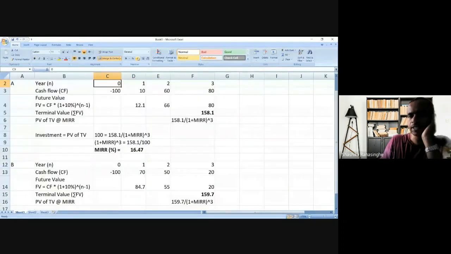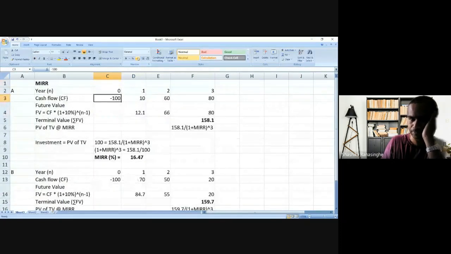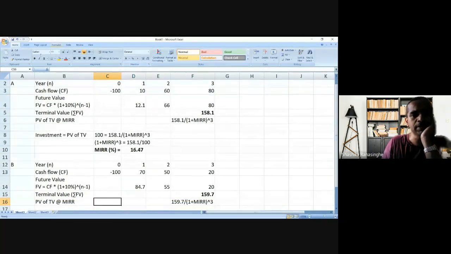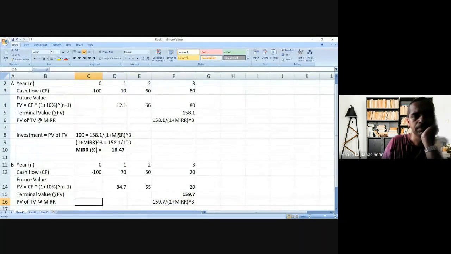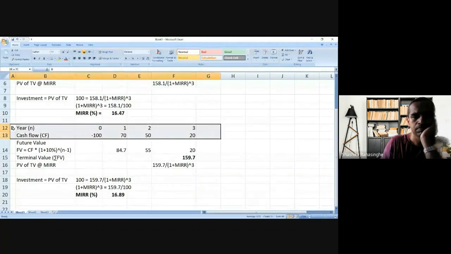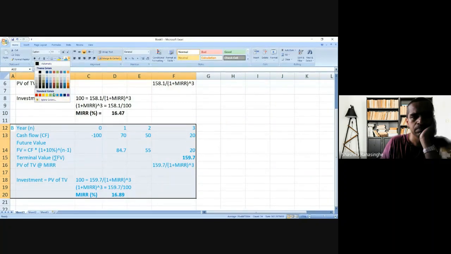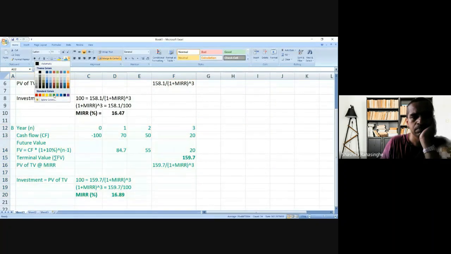If these two projects are independent, which one will you pick? If A and B are independent? Both.